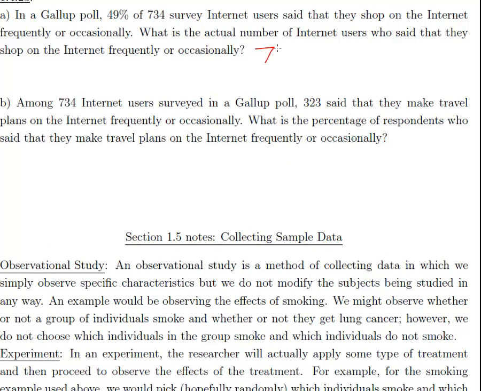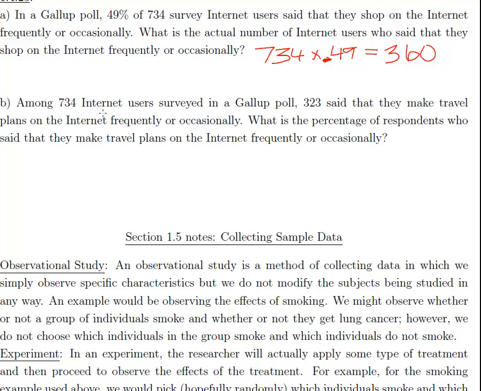So I take 734 times 0.49. And that's 359.66. So we'll just round up to 360 because they have to be whole people, so we can't have a fraction there.